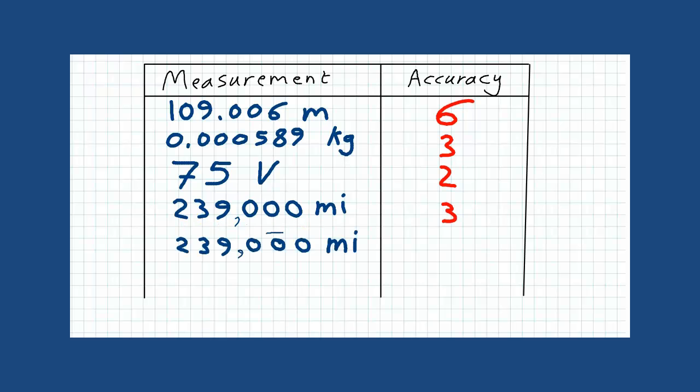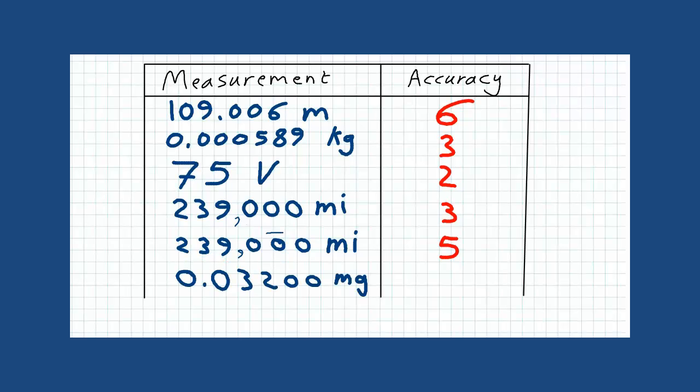Example 5. In this example, it is the same as the one before, but we can see that we have a tagged 0, which is significant. So we will start counting from the first non-zero from the left, 1, 2, 3, and we will continue counting until we reach this tagged 0. So here we can say that we have an accuracy of 5 for this measurement.